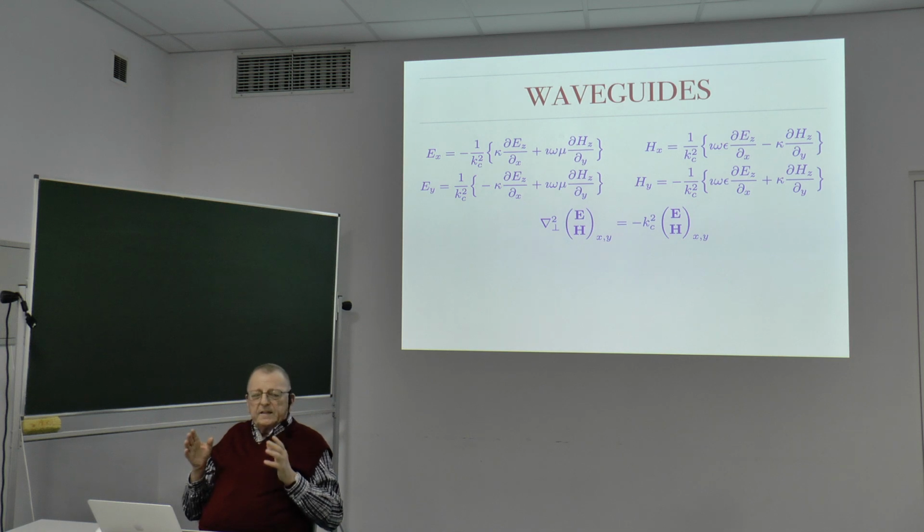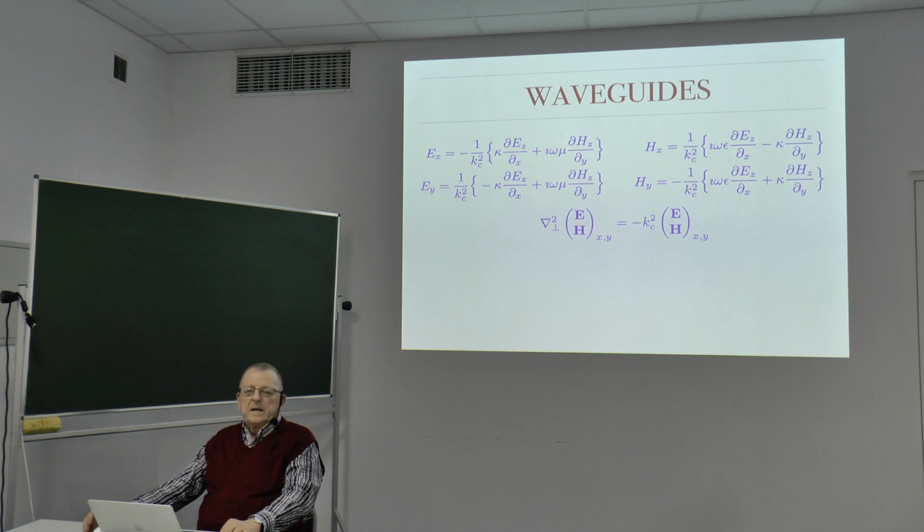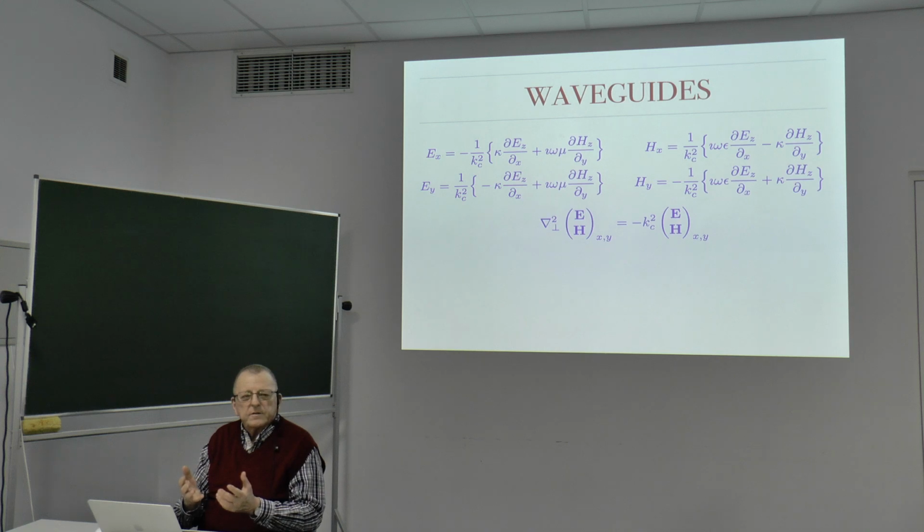So if I take this equation for the transverse and I solve it for z component, then these two equations allow me to solve everything. So this is a complete framework which allows me to solve the Maxwell equations for the problem I'm saying.